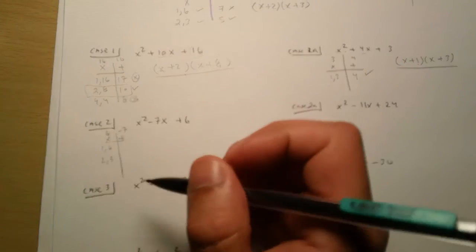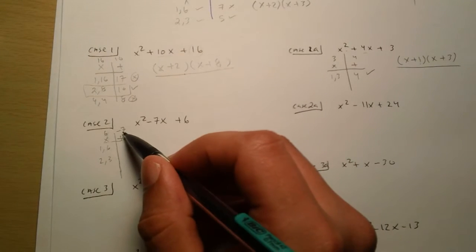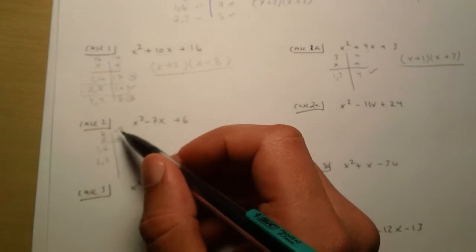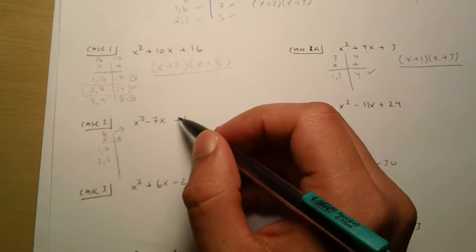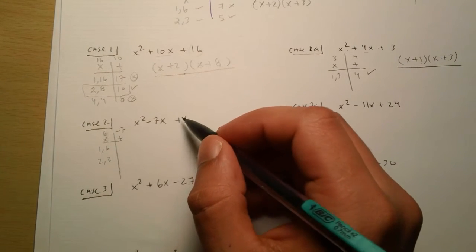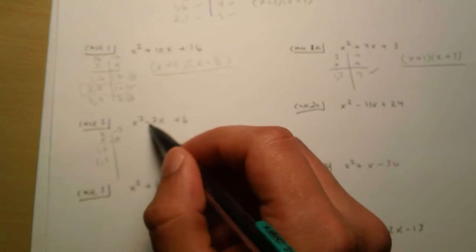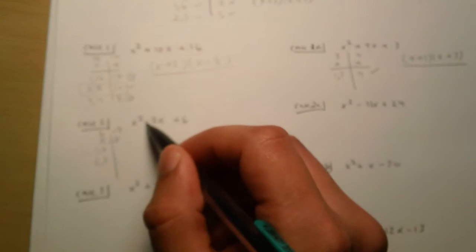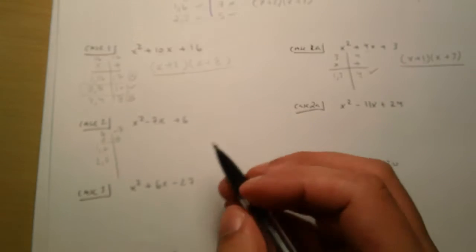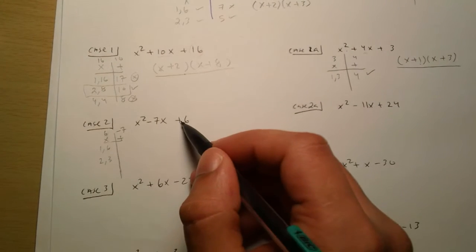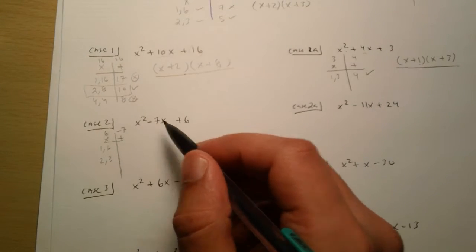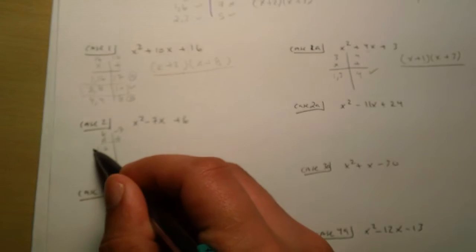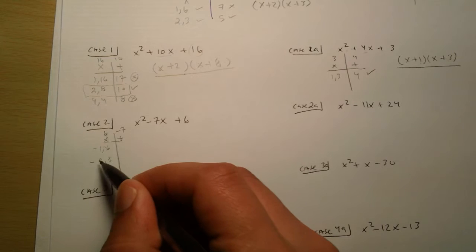Okay. By looking at this, we see that we have to add up to a negative 7. Okay. So whenever we have a positive 6, positive in our C value, then our factors follow the sign of our B value. Okay, so right here we have a positive C, and then we have a negative B. So then all our values here will be negative.